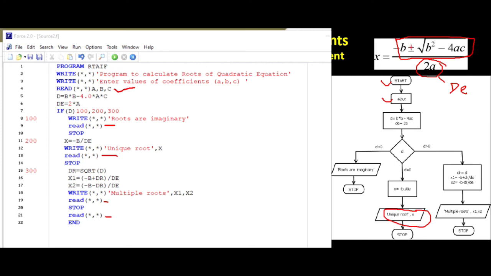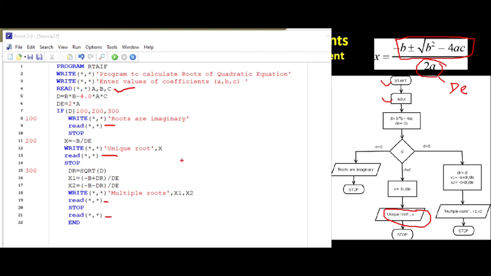One time we will do plus and the other time minus: minus b plus dr upon d and minus b minus dr upon d. This is stored in x1 and this is stored in x2. So here we will write multiple roots x1 comma x2 and then stop and end the program.